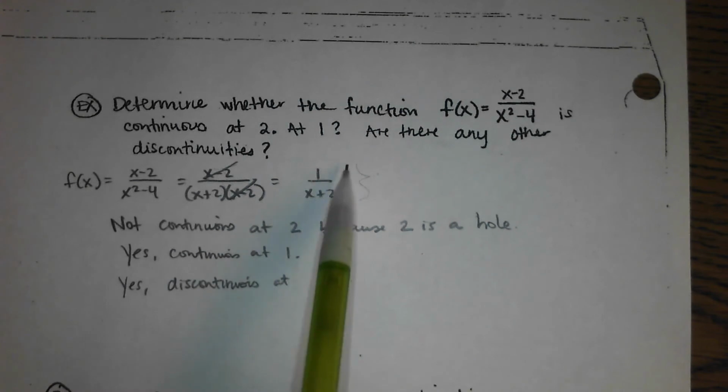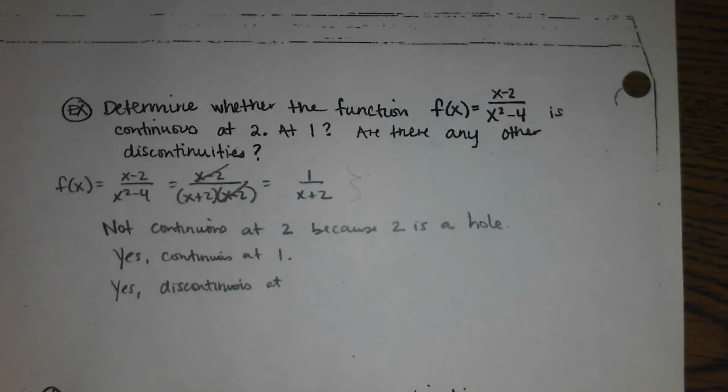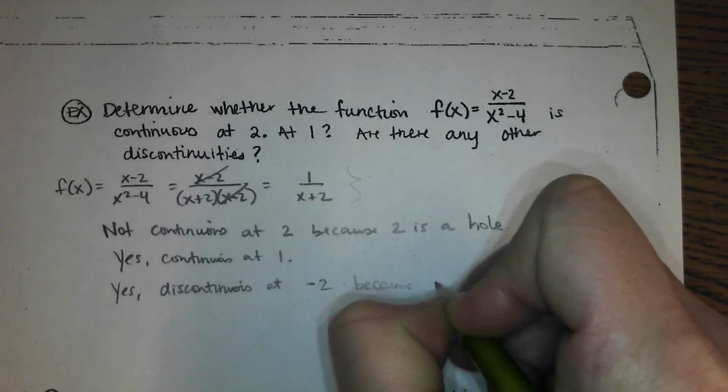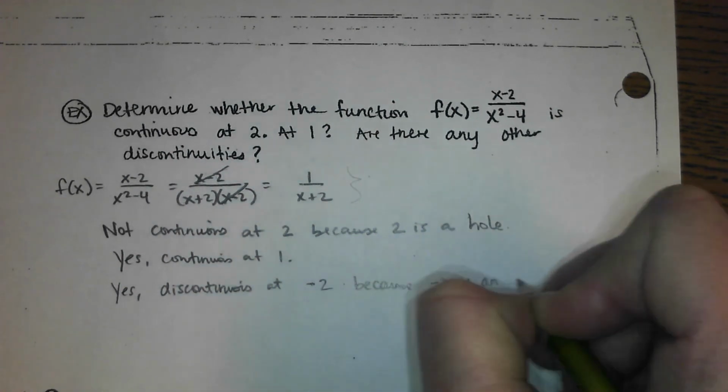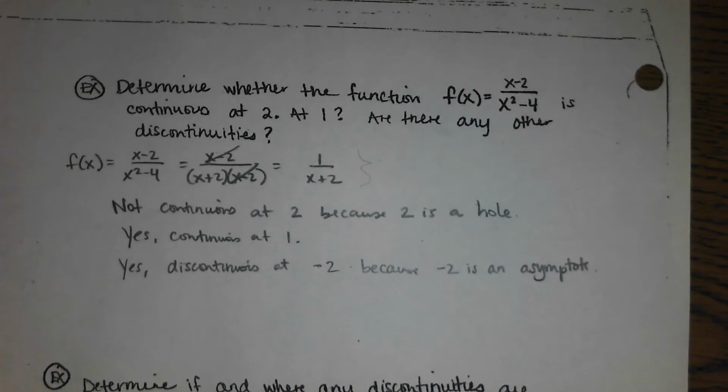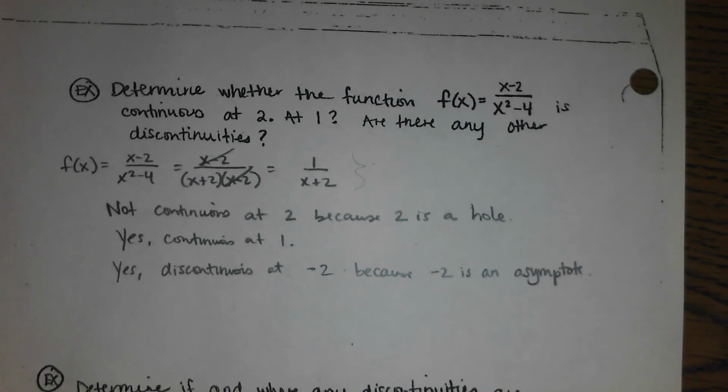Where else is this undefined? Negative 2. Good? So with rationals, discontinuities, you're only concerned with really holes and asymptotes.